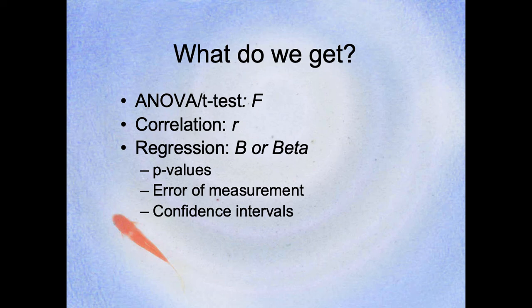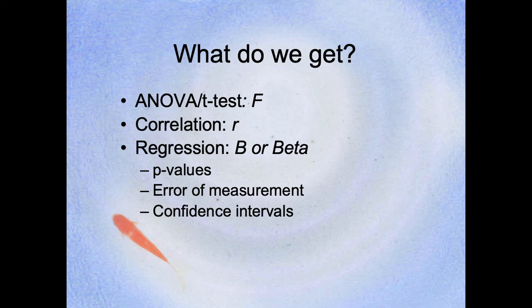I mentioned confidence intervals earlier. What those relate to is less of a cutoff and more of a range, right? So you might say that the correlation is significant if you're using traditional p-values beyond, let's say 0.05, or now with the computers, it'll say p equals exactly 0.043 or something. So you have exactly a 4.3% chance that you got that F or R or B by chance alone.